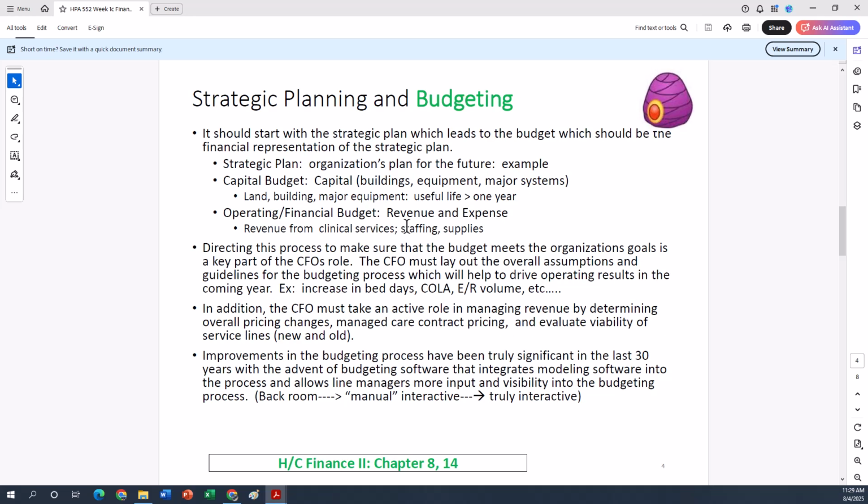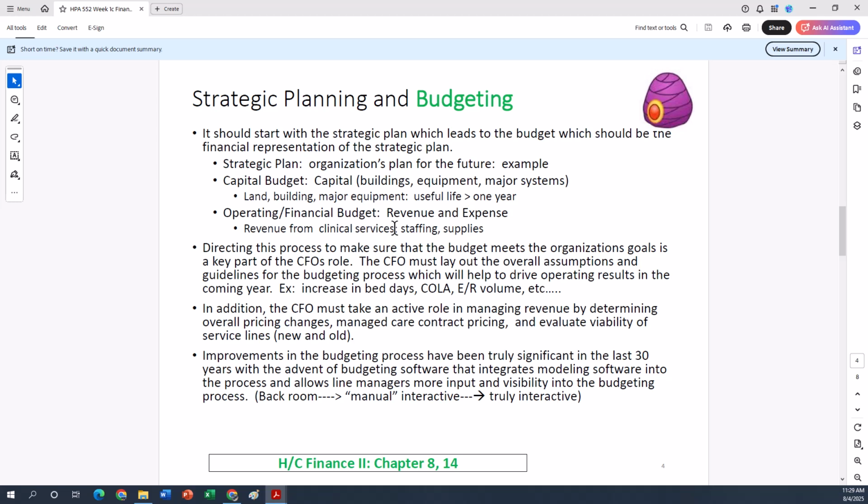Strategic planning and budgeting, we're going to cover those in chapters 8 and 14. What you have to understand is the budget is really a financial representation of the strategic and operational plan. We're going to go deep into that.